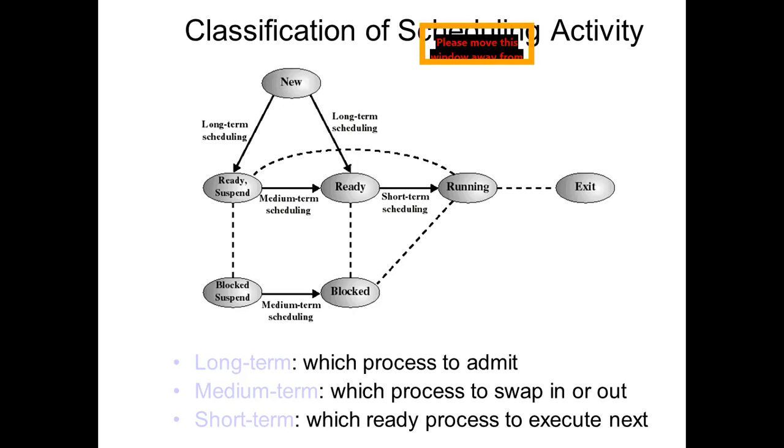Now, if it is under medium term scheduling, then it will go to the ready state, or from the blocked suspend it will go to the blocked, and from the blocked state it will go to the running. Okay, and ultimately it will complete. Then after the processor, it may go to the IO device. That is called the IO scheduling.